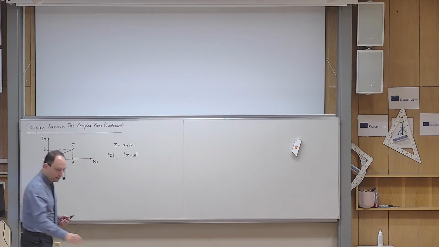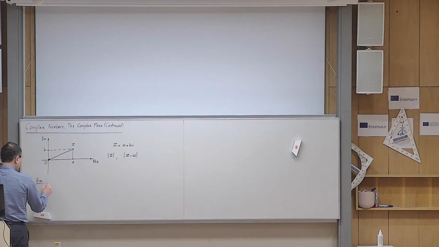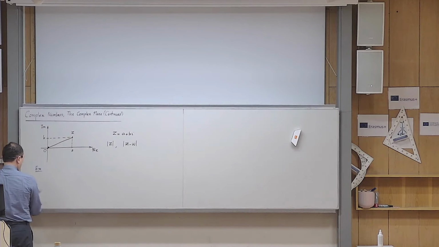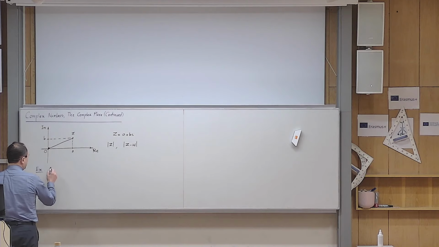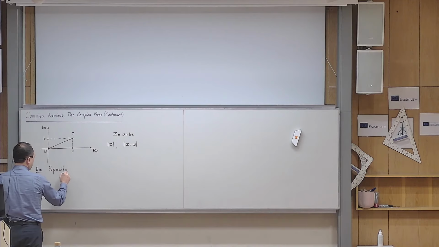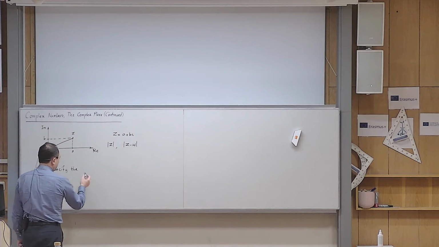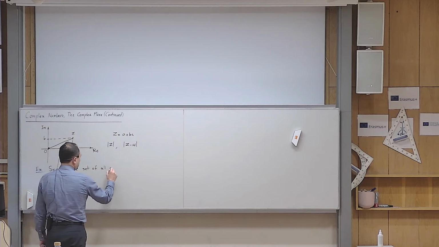So this is the continuation of that example. I don't know how many we solved, nine or something, but let us start from scratch again. So we can say that, let me use a different language, specify the set of all points.